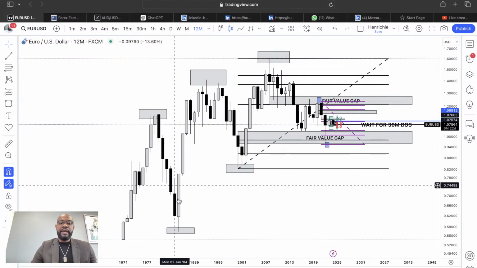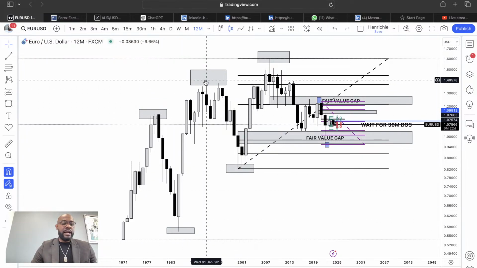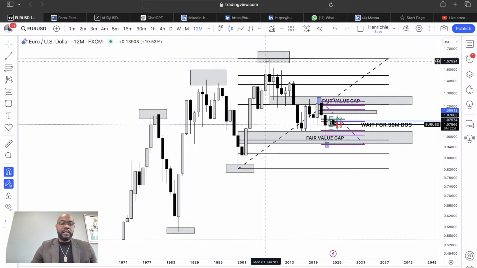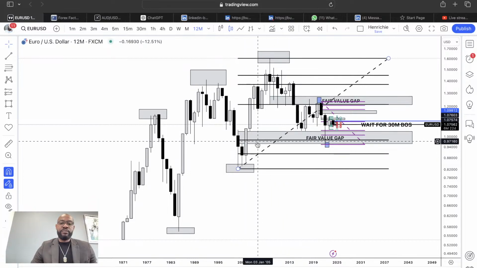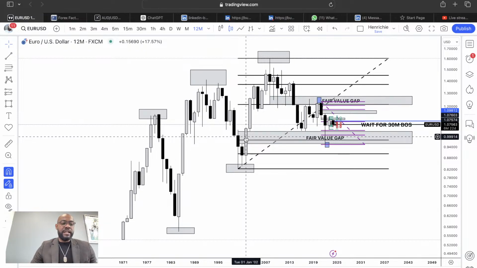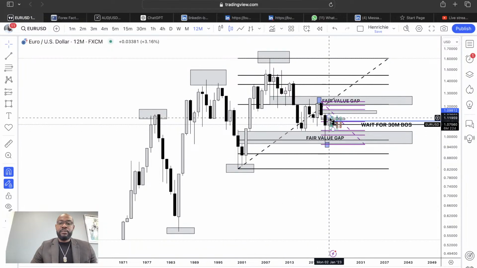Right here, we'll have a higher high and a higher low, another higher high and a higher low, and another higher high right here. Price came to the downside to an extreme discount zone. We also have an inefficiency resting right there as well. And after that mitigation, you can see how very nicely price rejected off that key level after that mitigation.